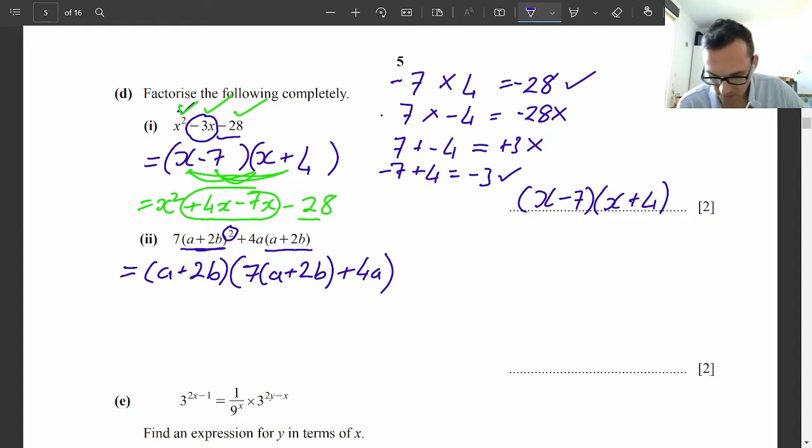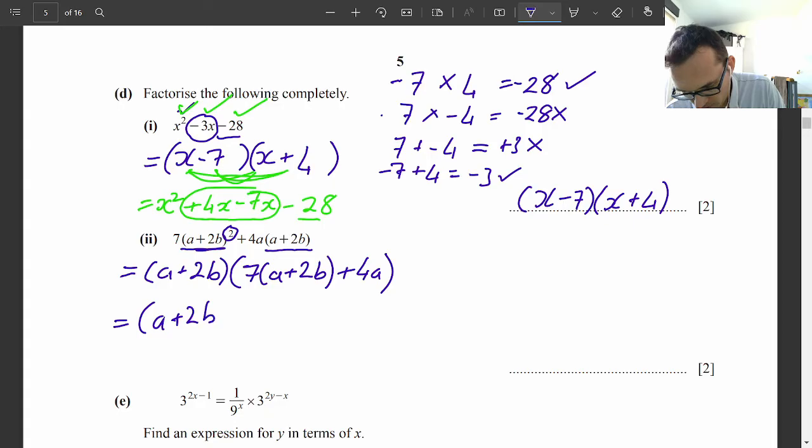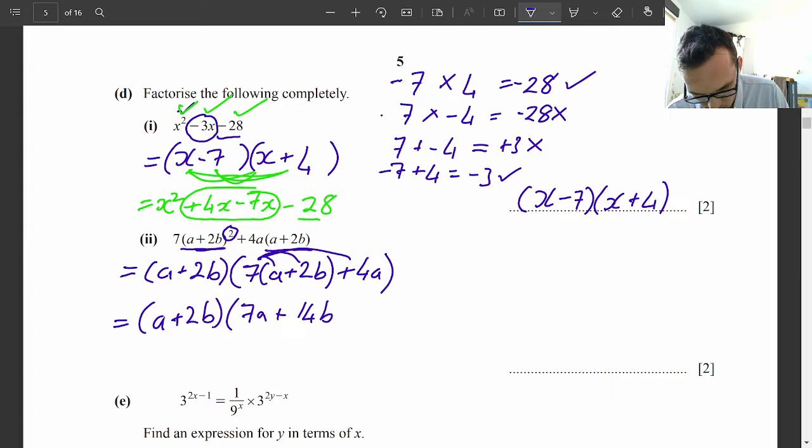Now let's just simplify that. They don't say it, but always do to be safe. Simplify things. So 7 times a is 7a, 7 times 2b is 14b, and 7 times, no, don't multiply that last one, it's not in the bracket.